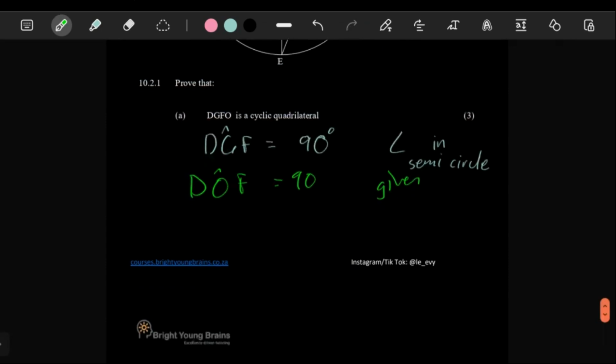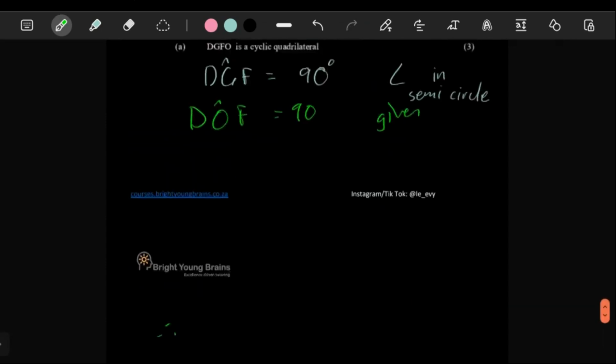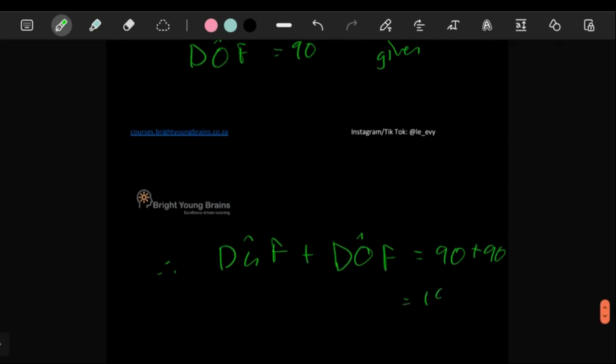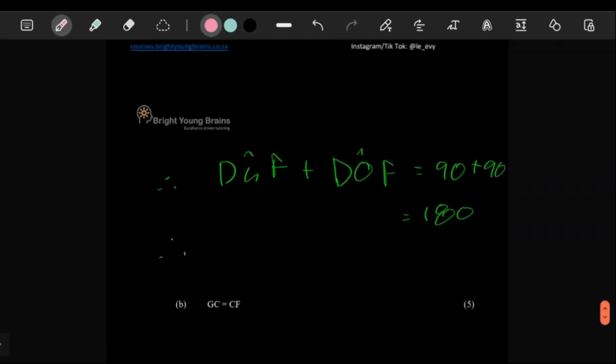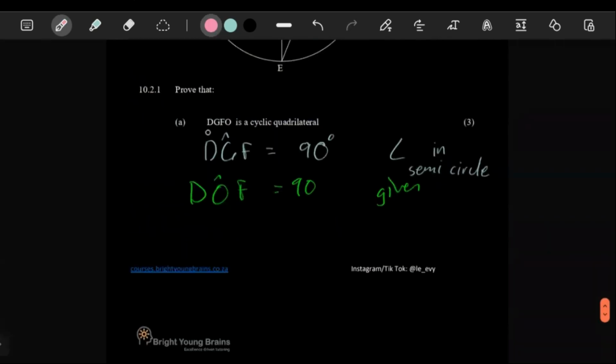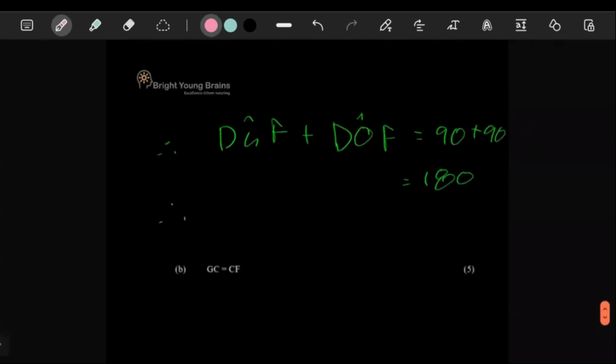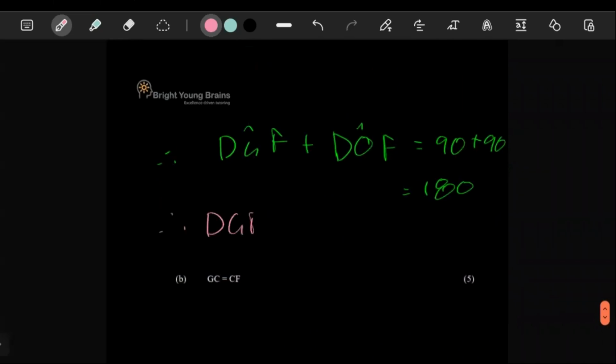So here you can say, therefore, DGF plus DOF is equal to 90 plus 90, which is equal to 180. And then here you can say, therefore, DGFO is a cyclic quad.